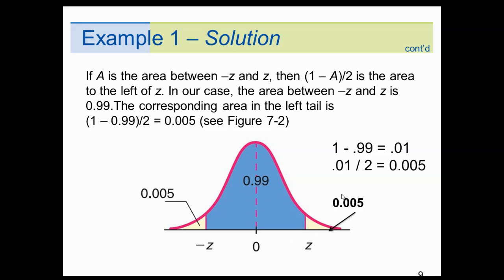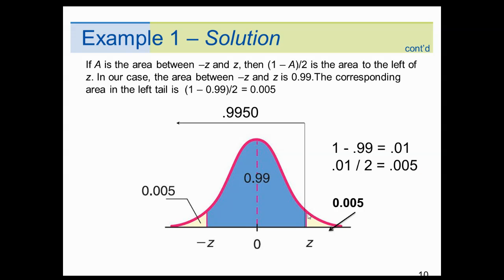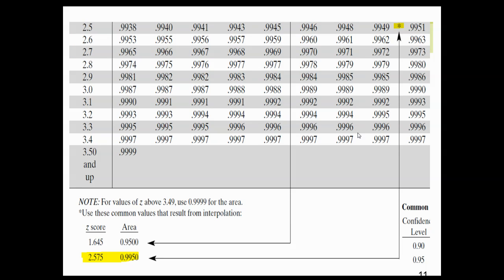To find this z-score, I need to find the area from this vertical line all the way to the left. Well, if this is 0.99, this little smidgen here is 0.005. If I put those two together, I come up with 0.9950. So the area associated with this z-score is the area to the left, 0.9950.